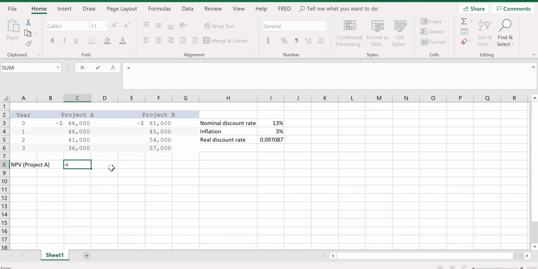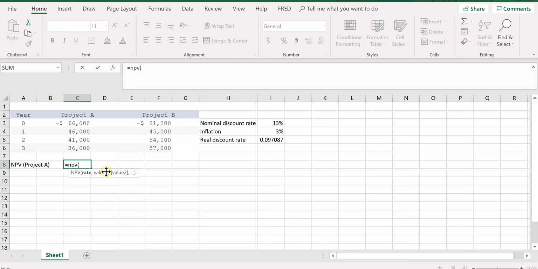I can use the NPV function. But remember, in the NPV function, the values, you can see the second argument and the third argument, and so forth, mean the cash flows.